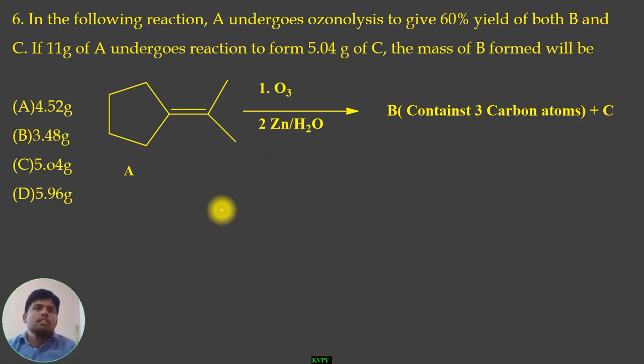In the following reaction, A undergoes ozonolysis to give 60% yield of both B and C. If 11 gram of A undergoes reaction to form 5.04 gram of C, the mass of B formed will be. So A is this, and we have to find out the molar mass of each species now. So here 1, 2, 3, 4, 5, 6, 7, 8.